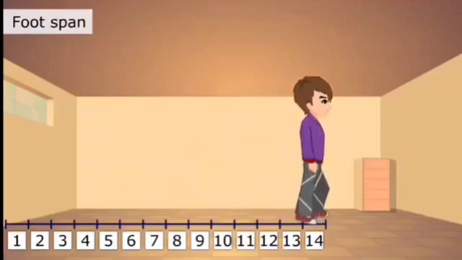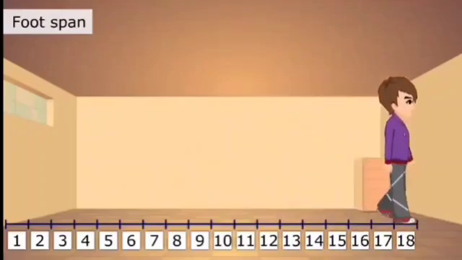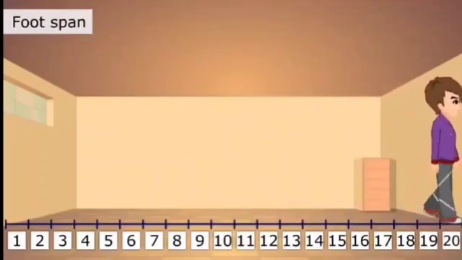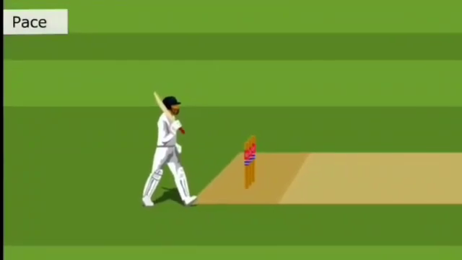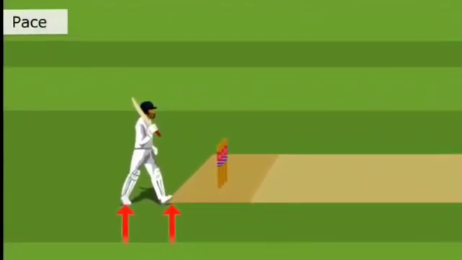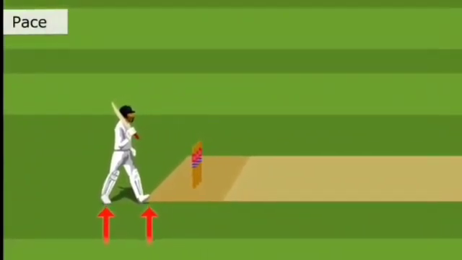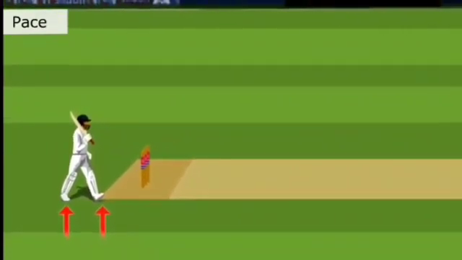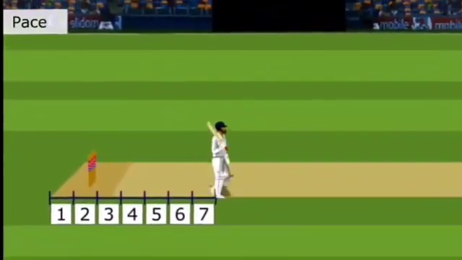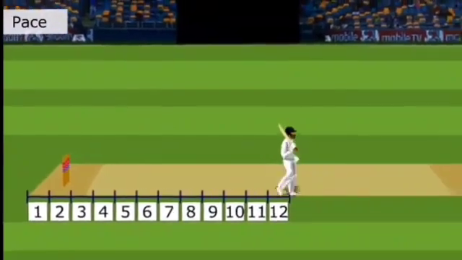For example, the length of this room is about 20 foot spans. The next one is pace. It is the distance between two legs while walking, which means one pace is equal to the length between the 2 feet. For example, the length of this cricket pitch is about 22 paces.